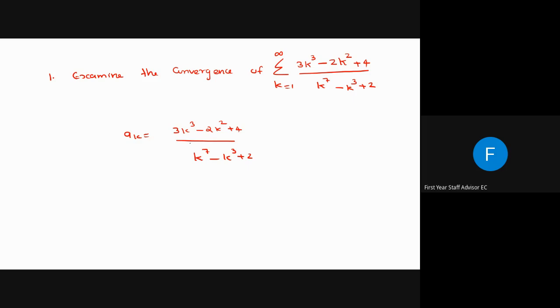Then take bk as 1 by k raised to the degree of the denominator minus the degree of the numerator. Here the degree of the numerator is 3 and the degree of the denominator is 7. 7 minus 3 equals 4. So bk is taken as 1 by k raised to 4.